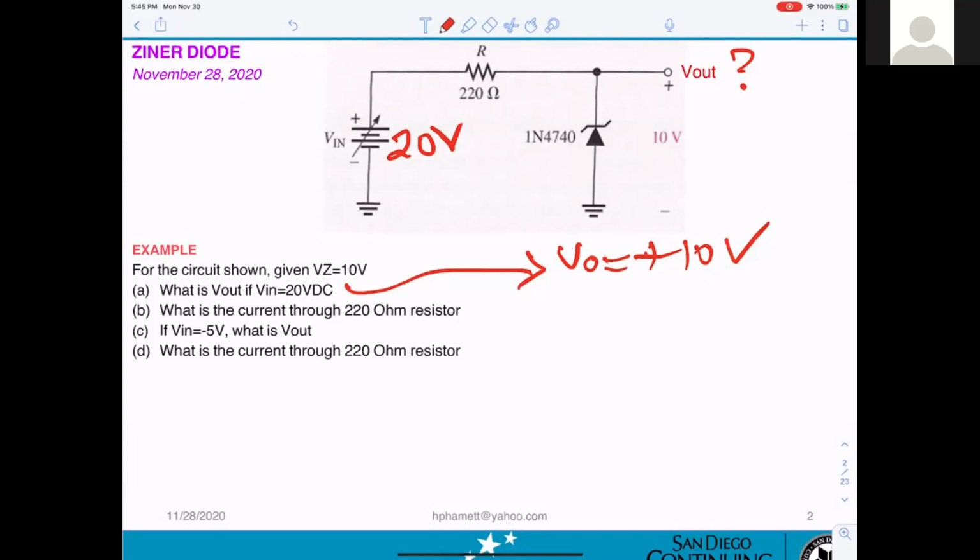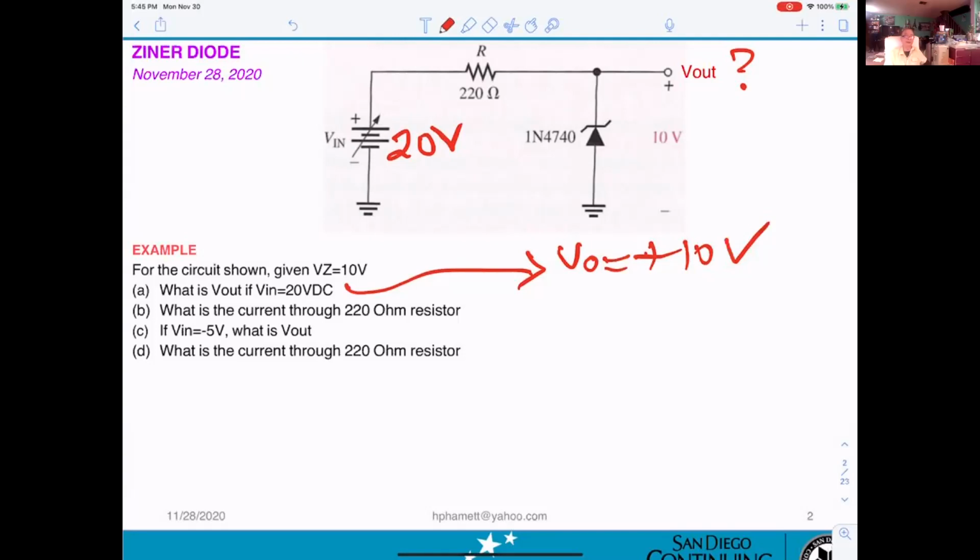Another question, Mr. Pham. Yeah, go ahead. So the output depends on the Zener diode that you attach to the circuit, right? Yeah. And the Zener voltage caps the output voltage at that level? Yeah, it must be.